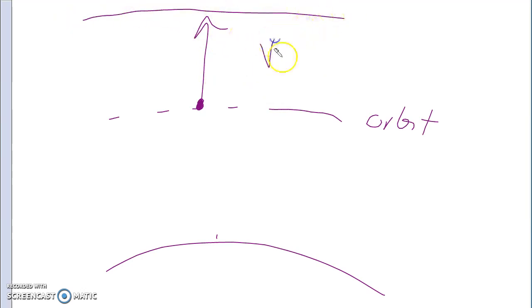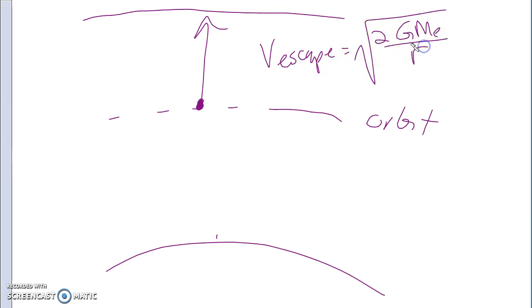And the answer is, you use exactly the same formula. V escape is still the square root of 2 big G big M over, however, now this is going to be R instead of RE.